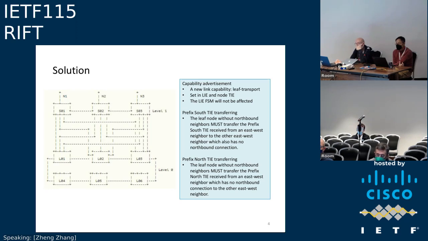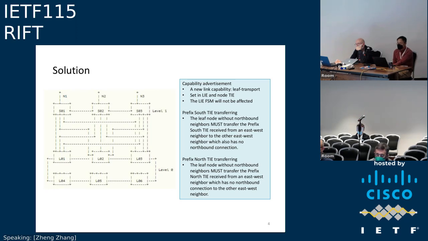So in this figure, L4 and L6 must transfer the prefix south tie received from L1 and L3 to L5 with increased metric, and L4 and L6 must transfer the prefix north tie received from L5 to L1 and L3 with increased metric.